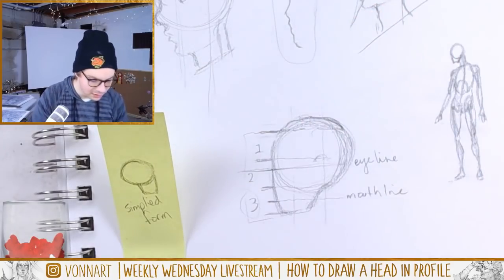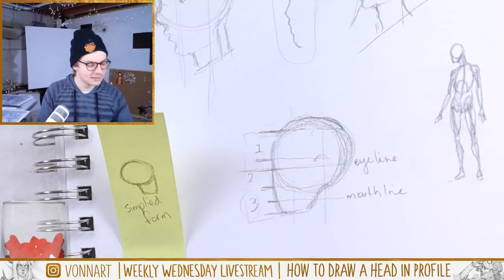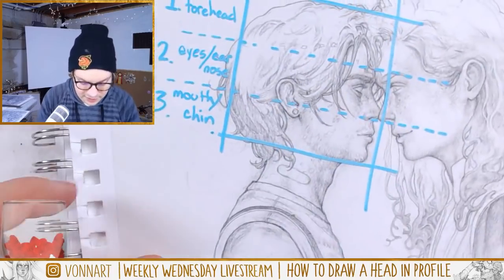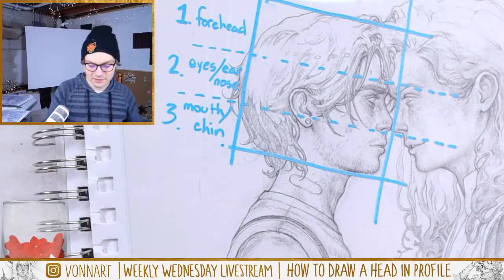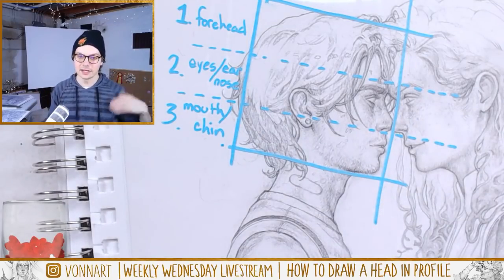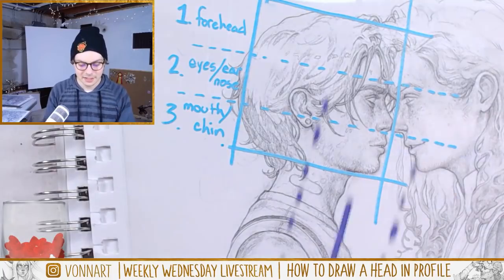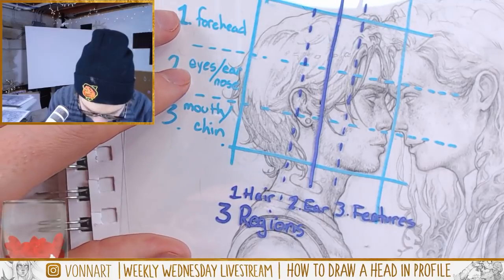Okay, let's see. Oh yes, the ear. So where is the ear placed? Well, this goes into the third chart that I'm about to bring out. So these are all horizontal lines in creating the 3 regions. There's also vertical lines which create 3 regions as well. And that would be, let me line this all up.